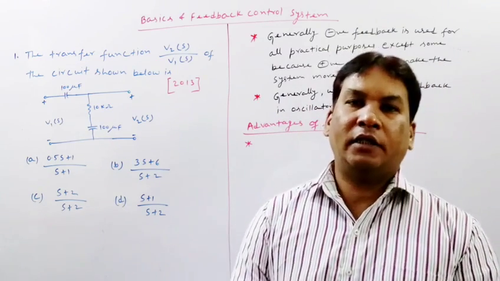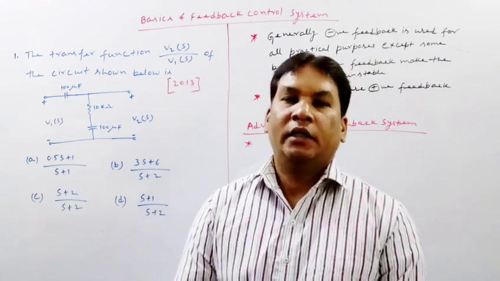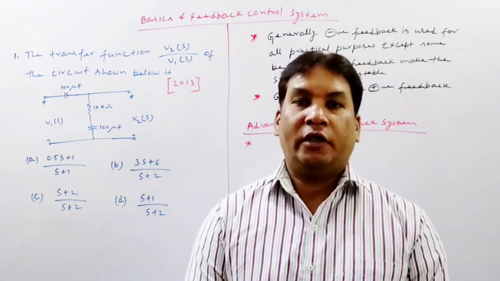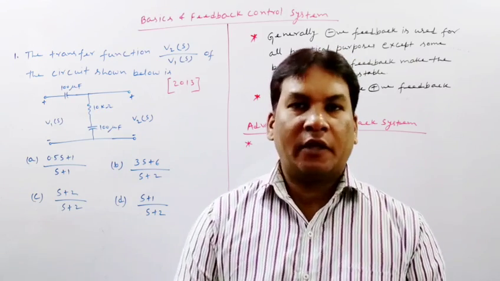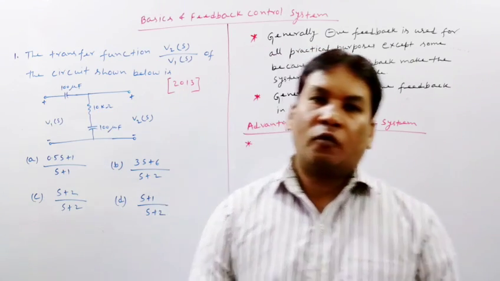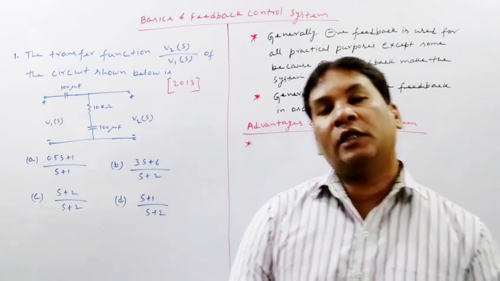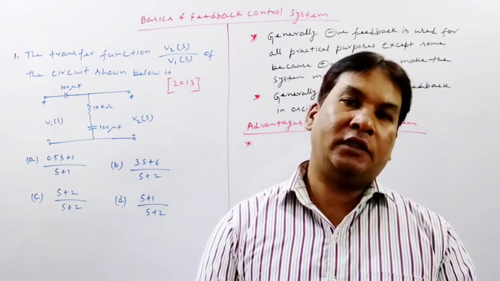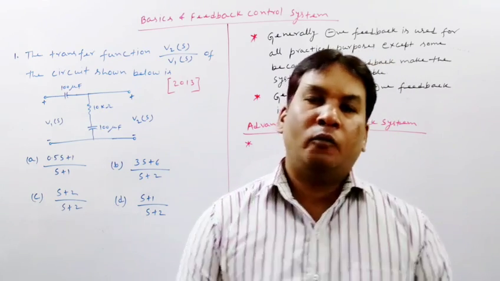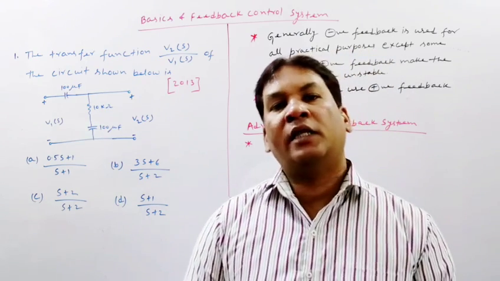The first advantage is the sensitivity of the system reduces. I will explain what is sensitivity of the system. The second advantage is that we get control over the system dynamics.